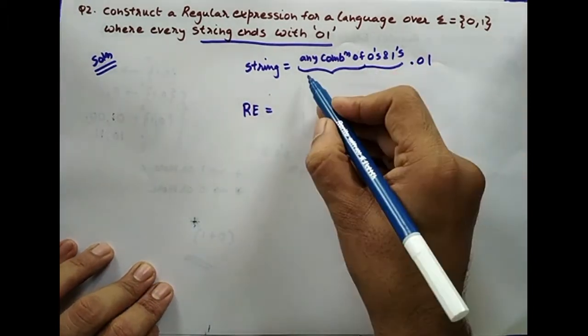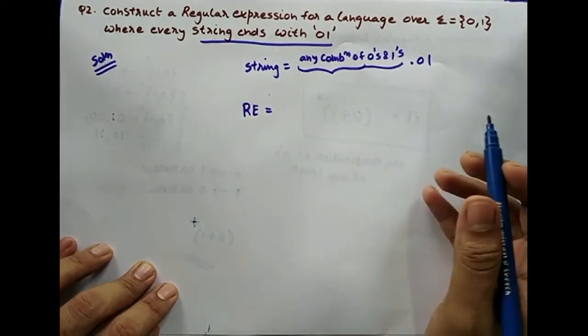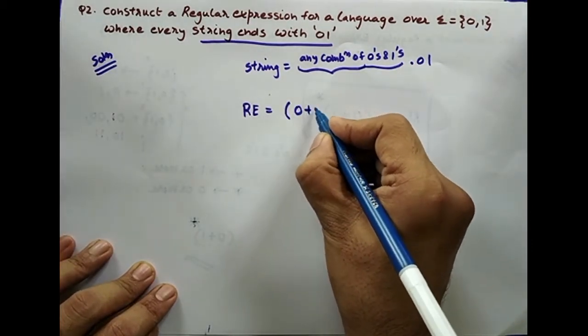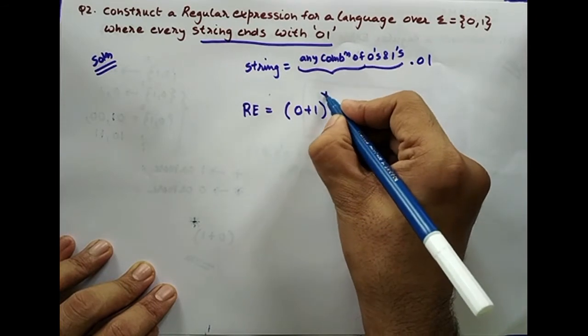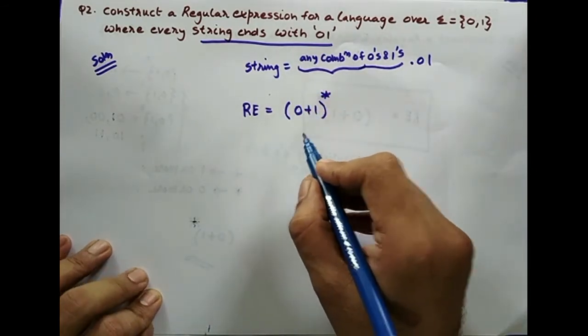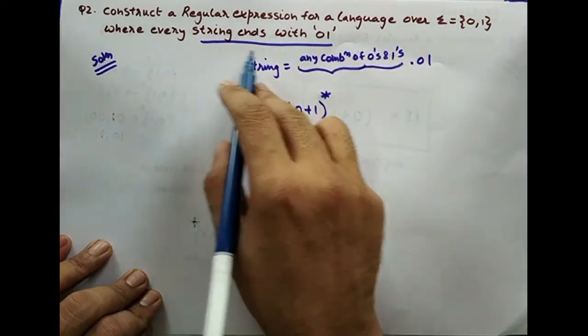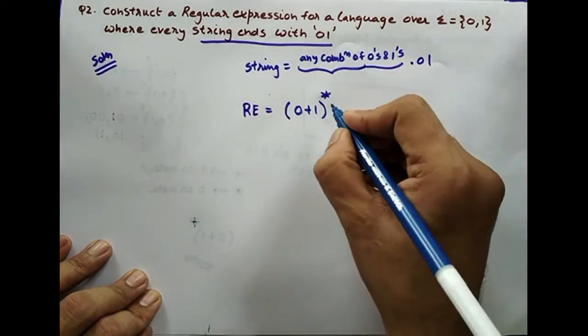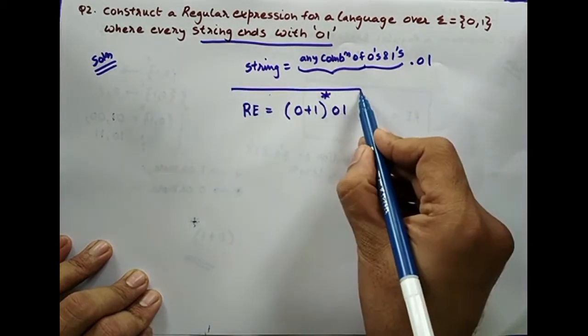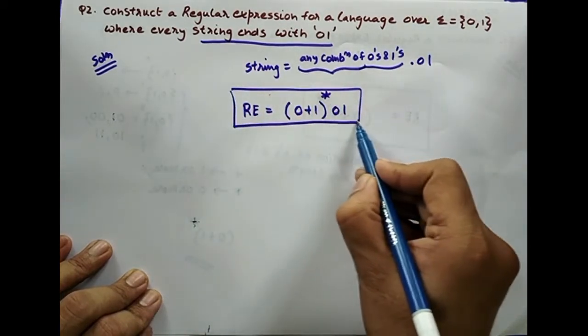We have already seen the meaning of any combination of zeros and ones. The required regular expression will be (0+1)*01. So this will give you any combination of zeros and ones of any length, and the string should compulsorily end with 01. So there should be a compulsory 01 at the end of the string. So this is the regular expression.